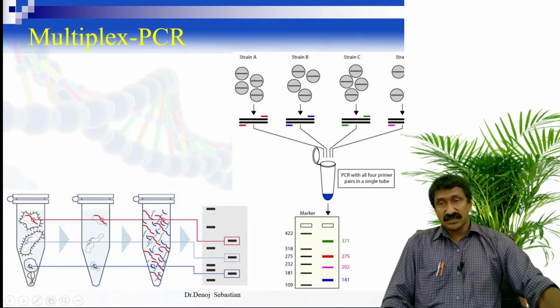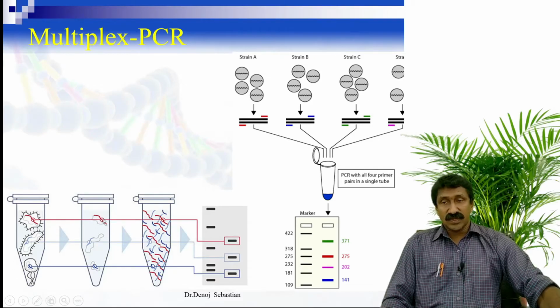Here is another example in which we have DNA, represented here, that can be amplified using different primer sets. This DNA is amplified using one set of primers, and another DNA using another set of primers. These three different DNAs may be from three different organisms.